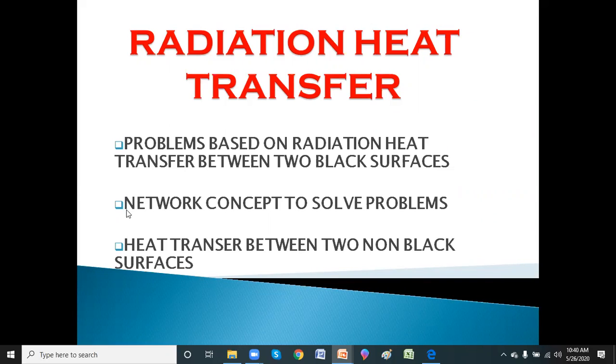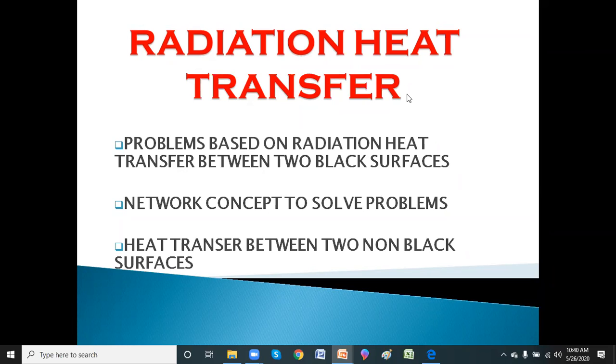Now, these problems are a little bit tedious, so I went for a concept called the electrical network analogy for radiation heat transfer problems. Whenever there are two surfaces, I can reduce them into an equivalent electrical network, where you have a formula for Q12. I'll show you that afterwards.